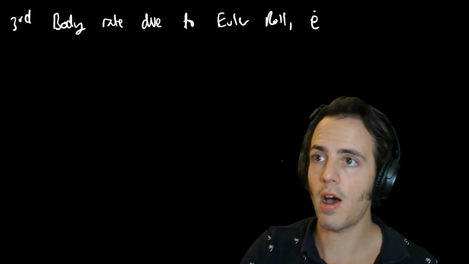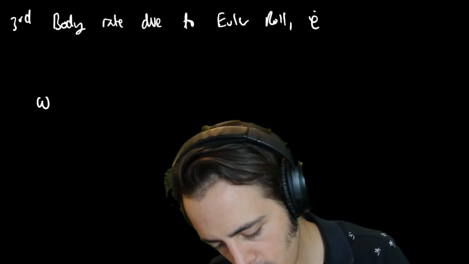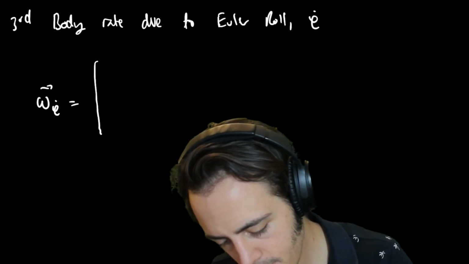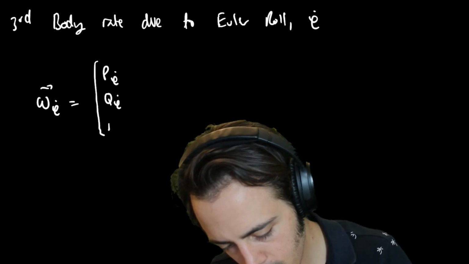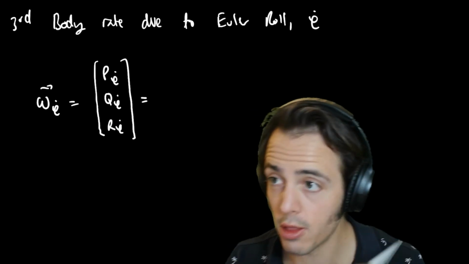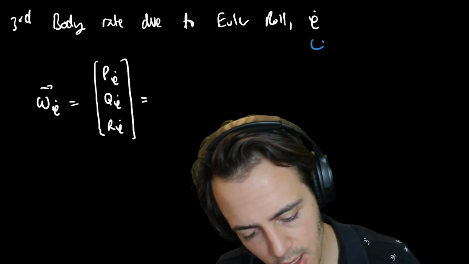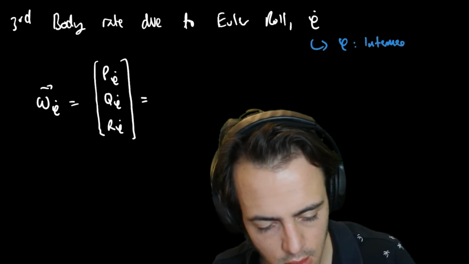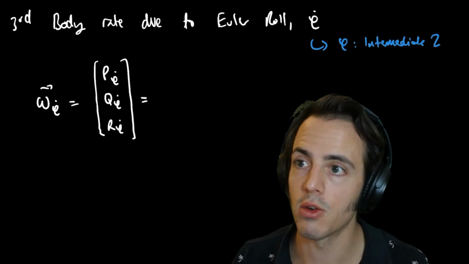We're looking for phi dot as our input, and what we want to get is omega due to phi dot. This is just going through the third transformation matrix, because remember that phi is in intermediate 2, which has already been through the first and the second Euler rotation matrices.